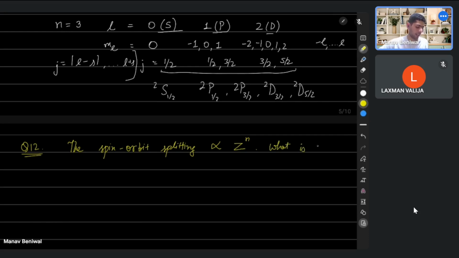What is n? And your options are -1, +1, 2, or 4.